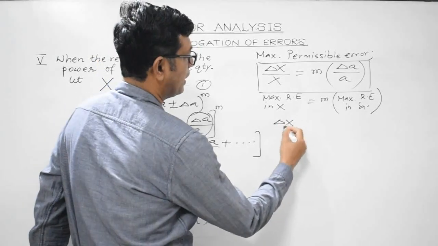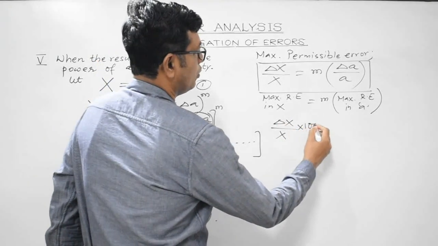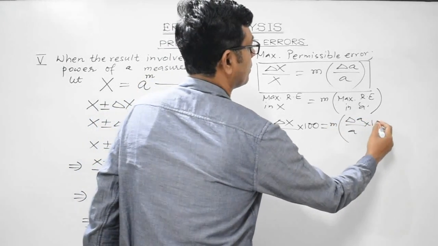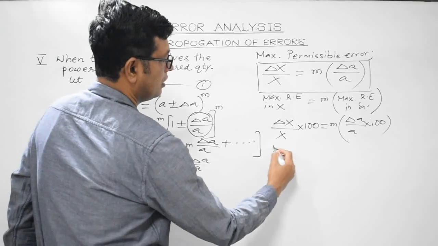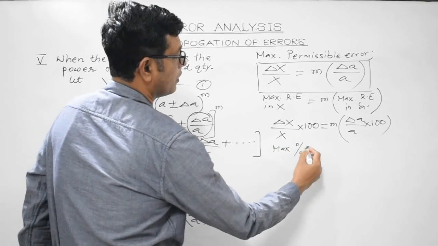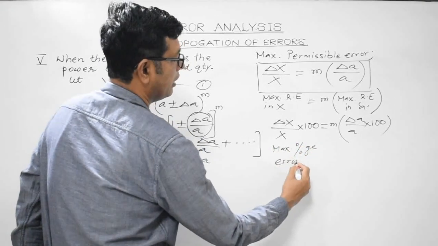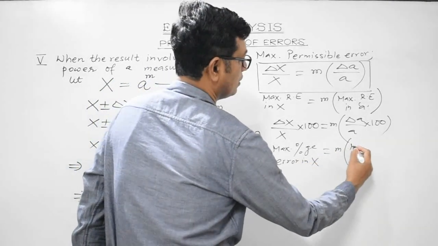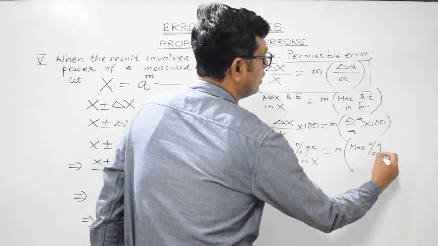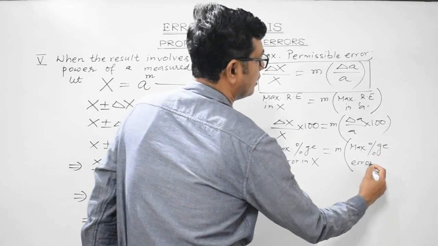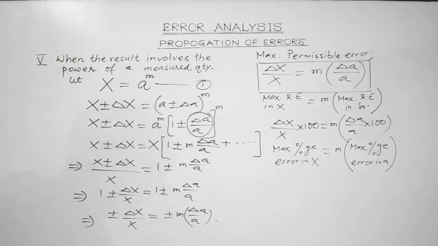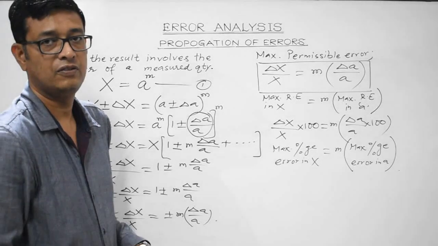Right? So multiplying both the sides by 100, what you get is m del a by a multiplied by 100. So this is maximum percentage error in X is equal to power times m times maximum percentage error in A. So this is the conclusion, right? So this concludes Article 5.